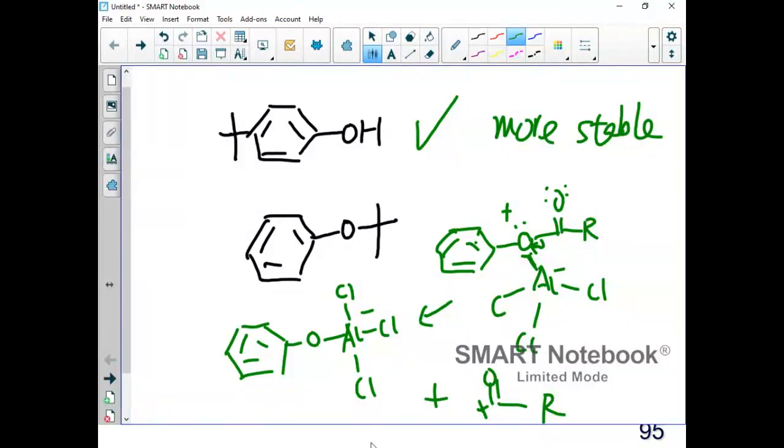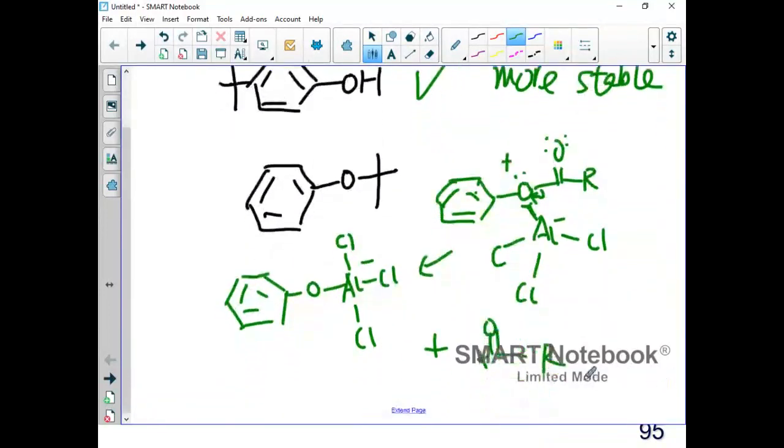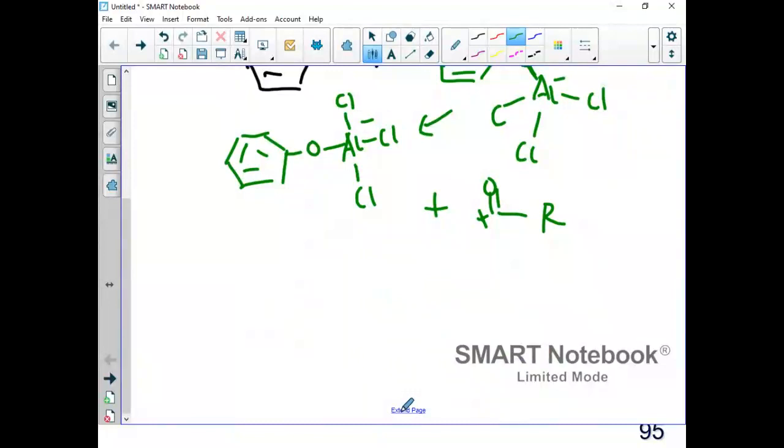So it is just a standard electrophilic aromatic substitution reaction.